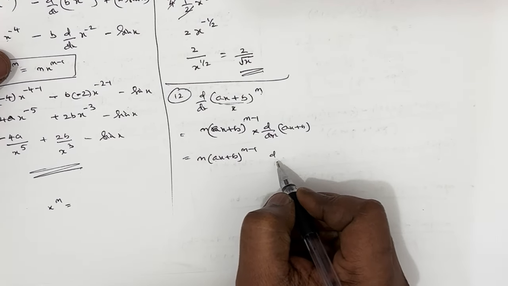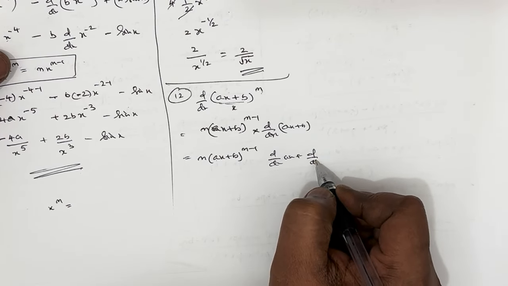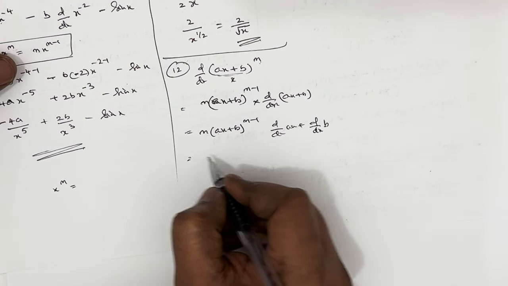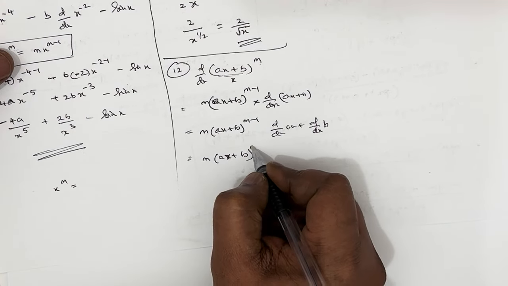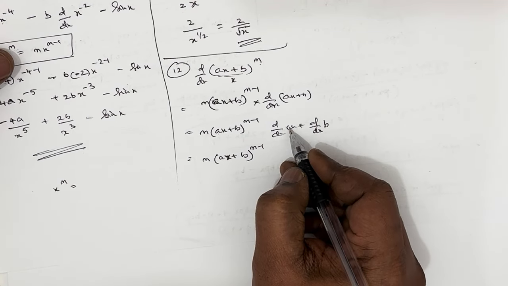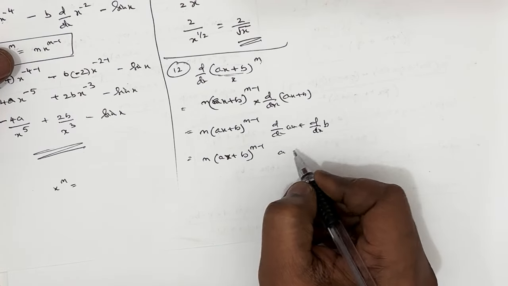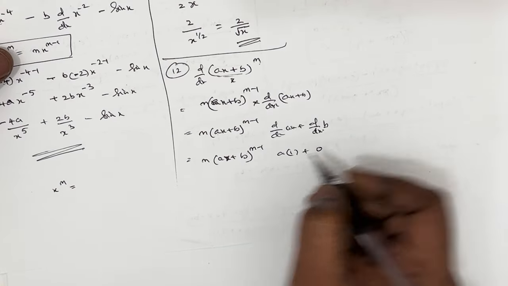So this can be written as n into (ax plus b) raised to n minus 1, times d by dx of ax plus d by dx of b, the derivative of ax and the derivative of b. So this is a, the derivative of x will be 1, plus the derivative of b will be 0.